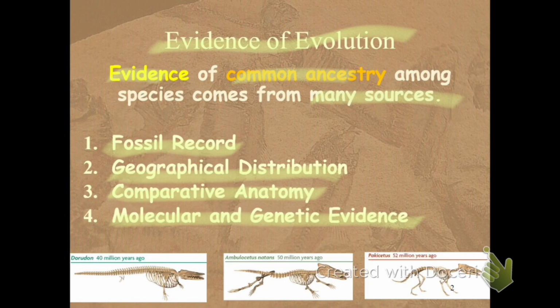They are the fossil record, geographical distribution, which you should have learned about last year when you talked about plate tectonics, comparative anatomy, and molecular and genetic evidence. Remember, smarter, not harder. Abbreviate where you can.